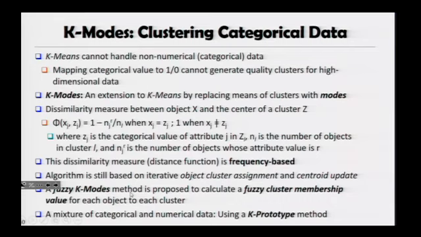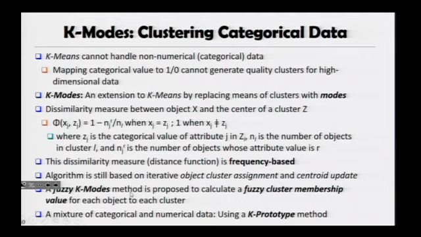Here, N_l is the number of objects in the cluster L, where the center Z is. And N_jr asks how many objects in this cluster L have the j-th attribute value equal to r.